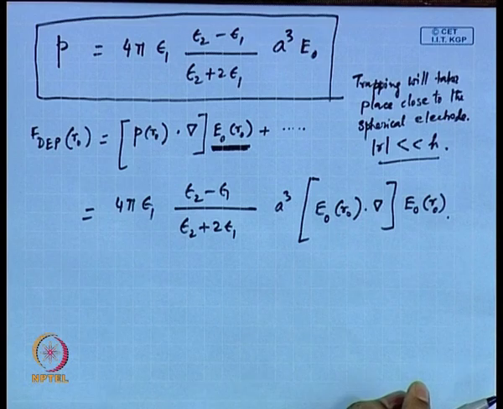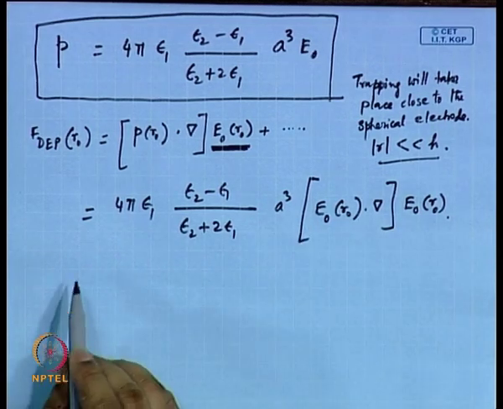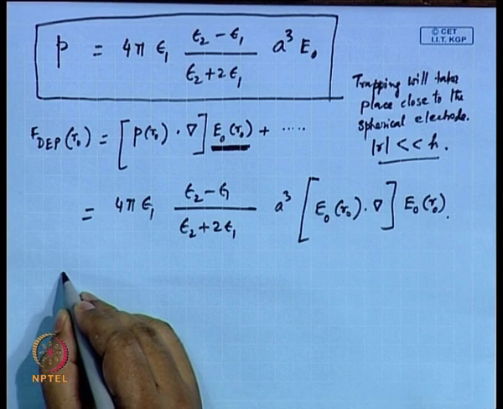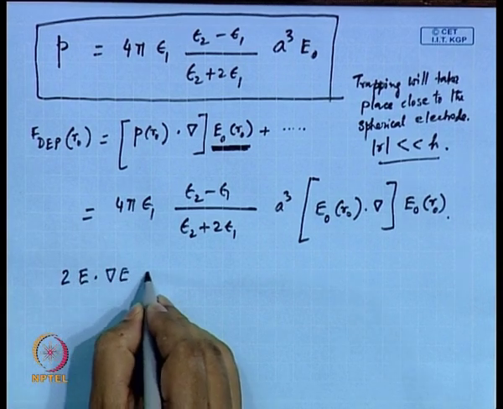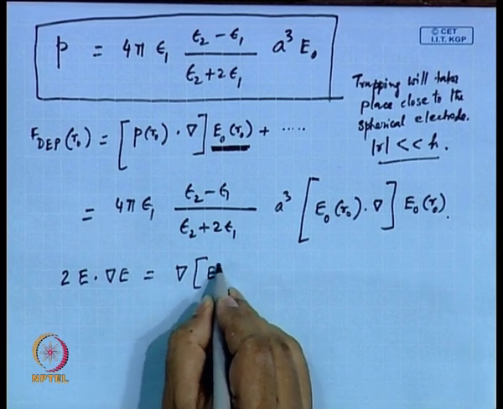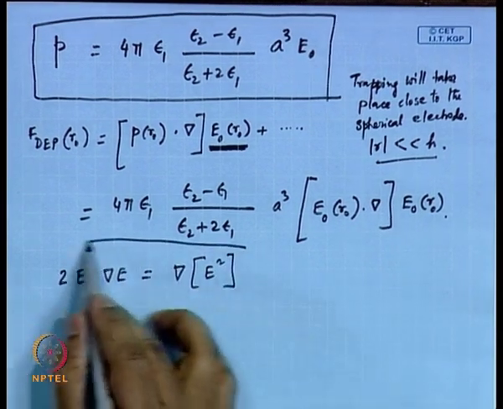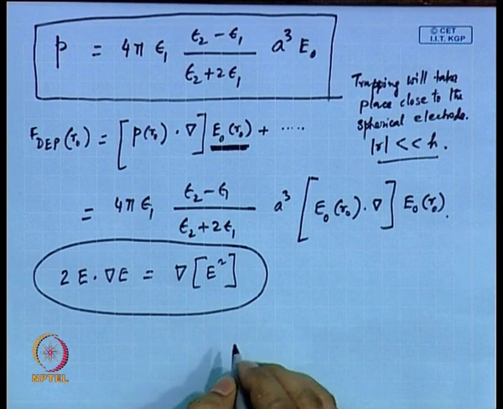Now, there is an identity which needs to be utilized to solve this equation further. That identity is that 2 E dot delta E is equal to delta of E square. Have you seen this identity?